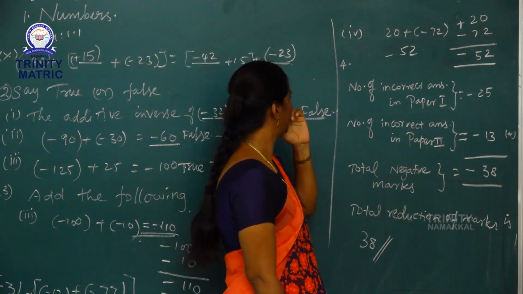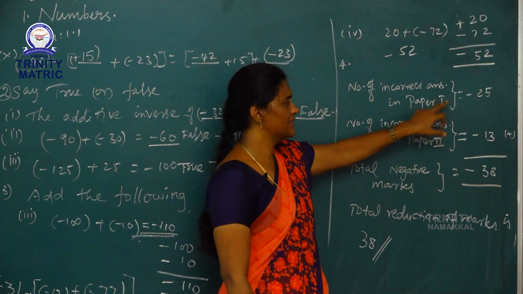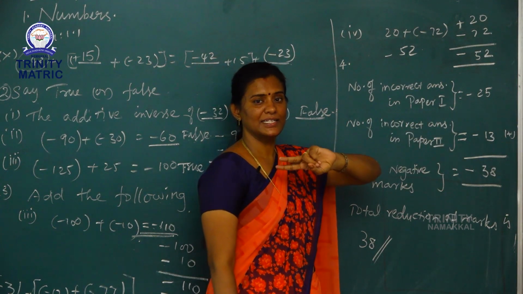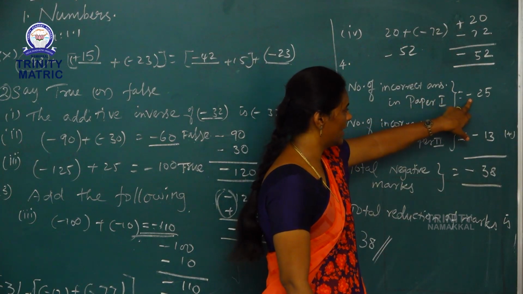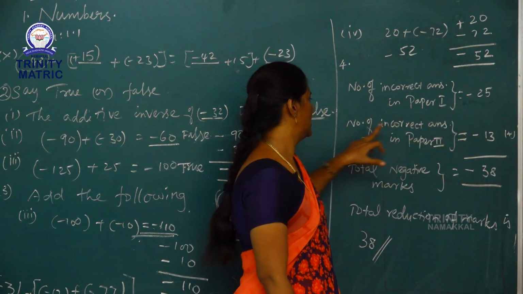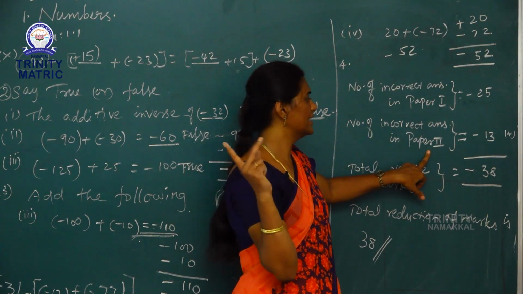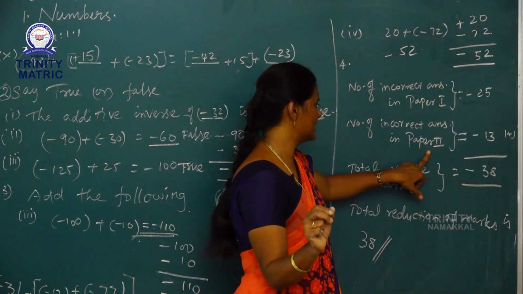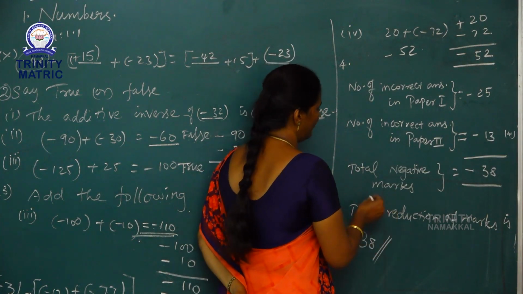See here, number of incorrect answers in paper 1. She answered 25 questions wrongly. So the negative mark is minus 25. Number of incorrect answers in paper 2. In paper 2, 13 questions wrongly answered. So, minus 13. Now we find the total.